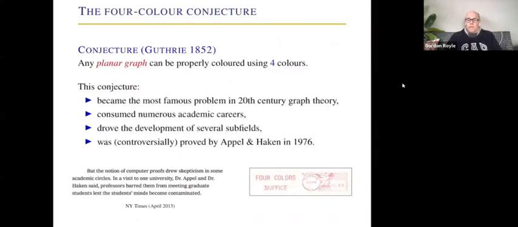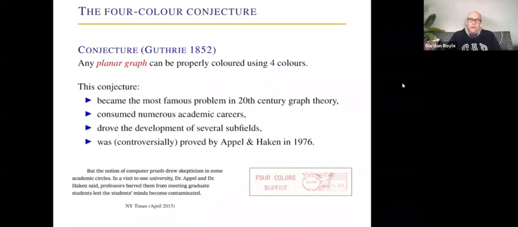Of course, this idea that a planar graph can be colored with 4 colors was one of the original problems of graph theory, famously the 4-color conjecture from about 1852. Guthrie conjectured that any planar graph, so again, planar is critical here, can be properly colored using 4 colors.